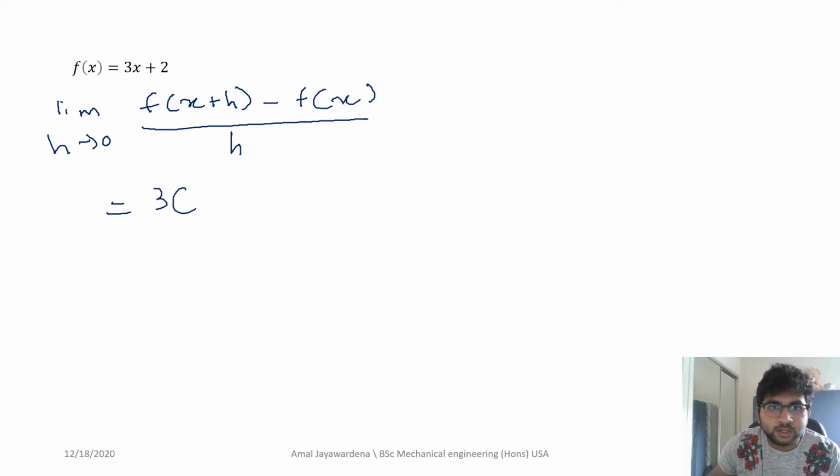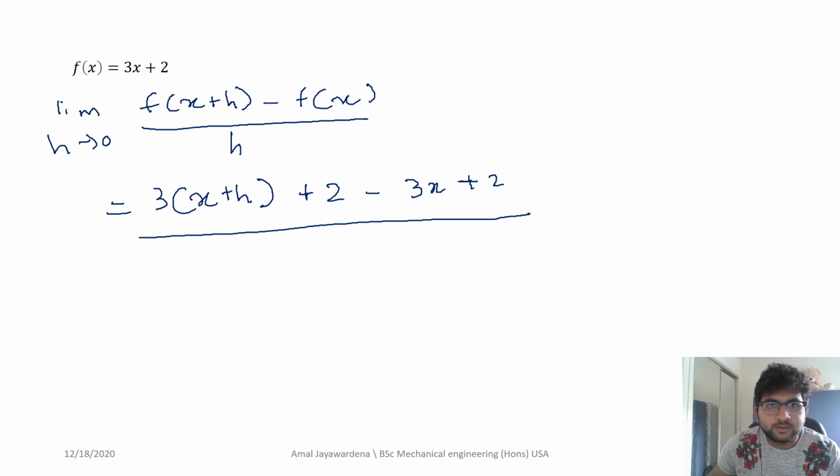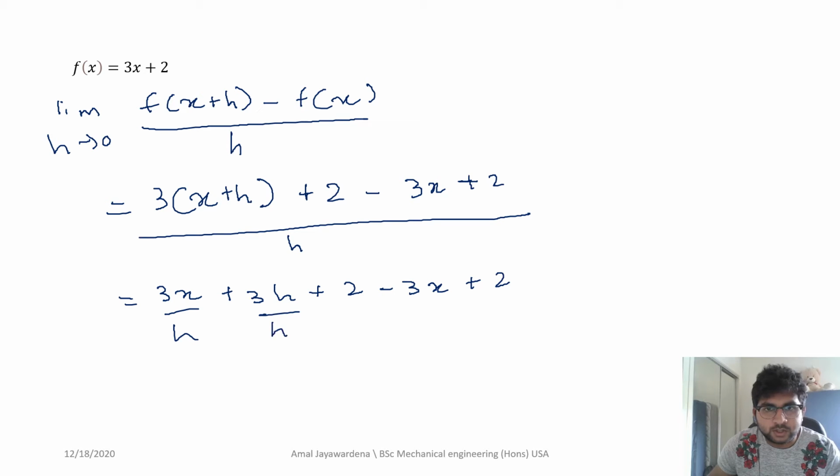So it's going to be 3(x plus h) plus 2 minus (3x plus 2), divided by h, so it's going to be 3x plus 3h plus 2 minus 3x minus 2. So everything is divided by h.